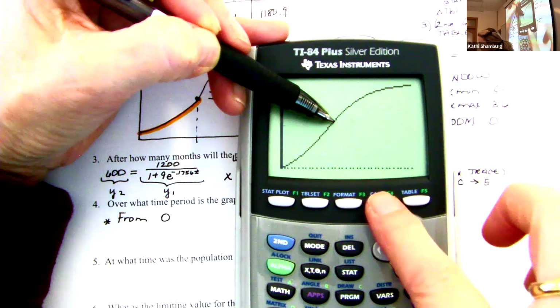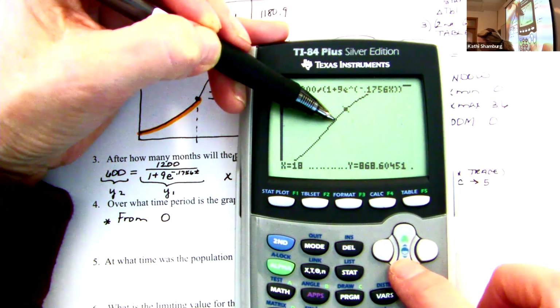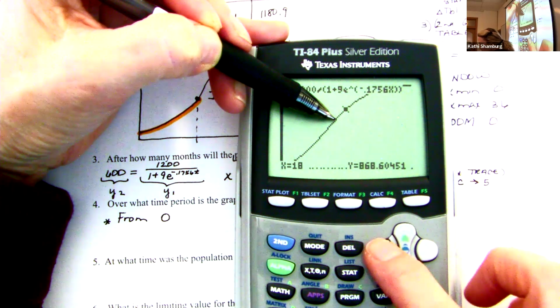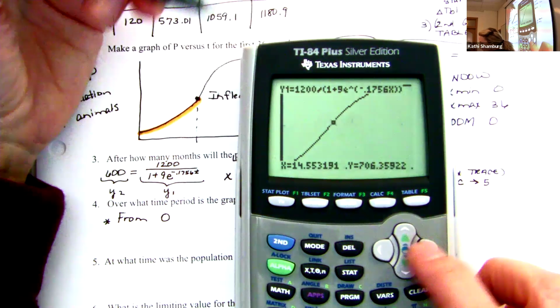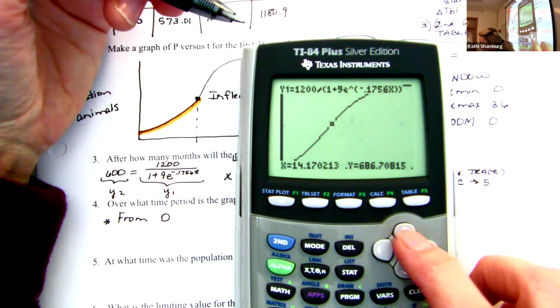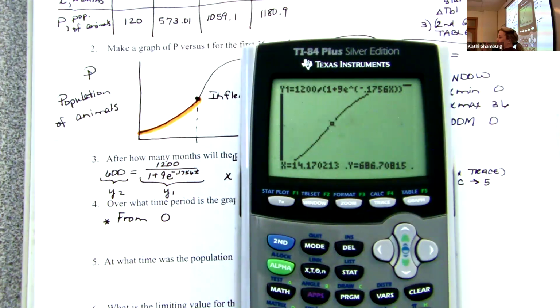So I'm going to hit trace, and then I want to move my cursor to about there. So I would say anywhere from 14 to 15 months, somewhere in there. So again, that's going to be an approximation. I don't know if you remember on that test, I gave some leeway on that.